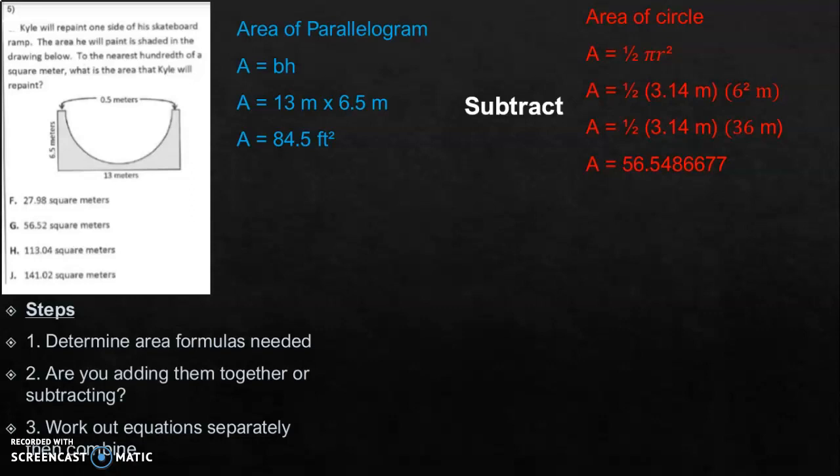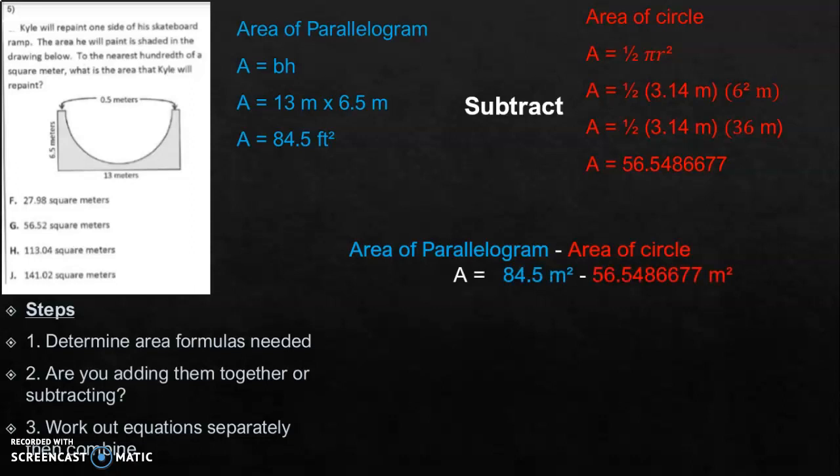All right, so my next step now is I need to combine them. Right, get them separately. Now I combine. Okay, the combining of this, I'm going to use subtraction. So I'm going to take the area of my parallelogram or rectangle and subtract it by the area of my circle. Okay, so I have the area of my parallelogram being 84.5 minus 56.548667.